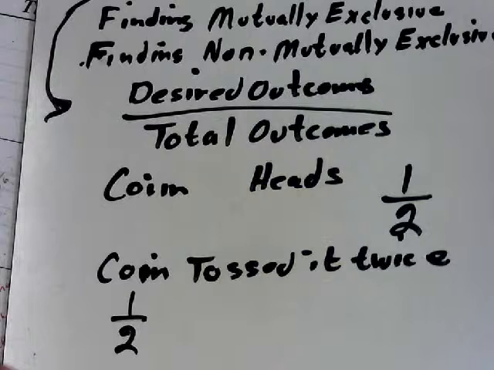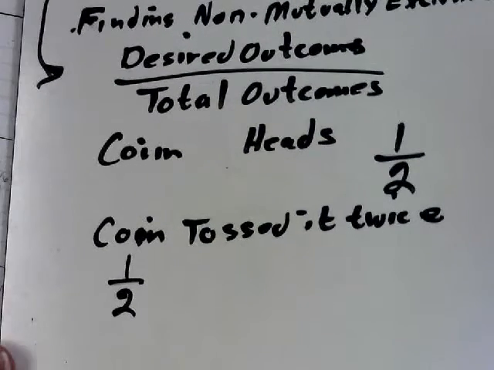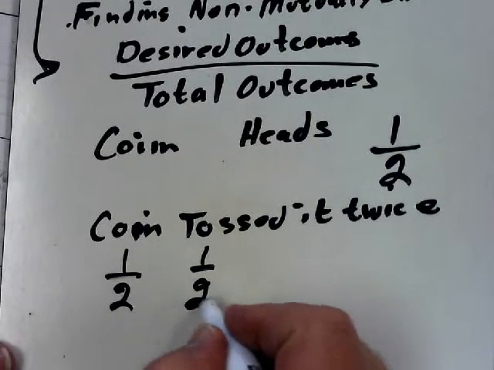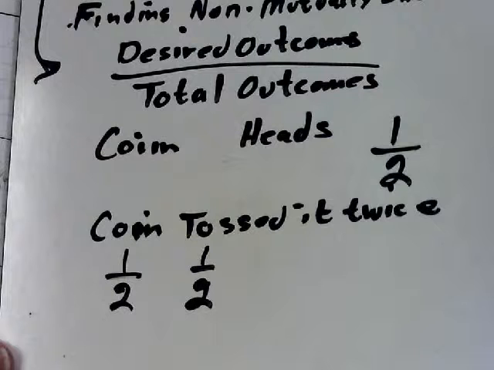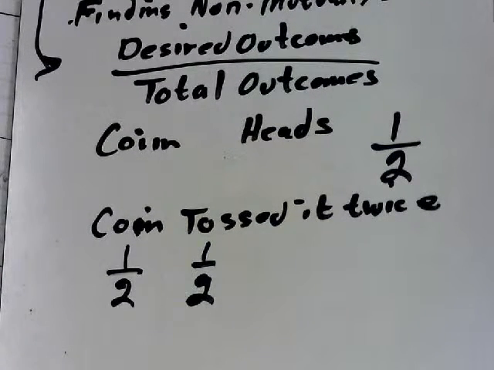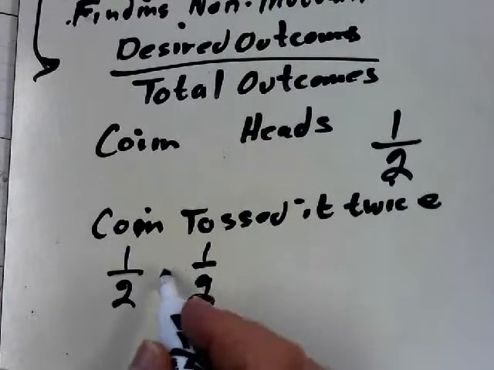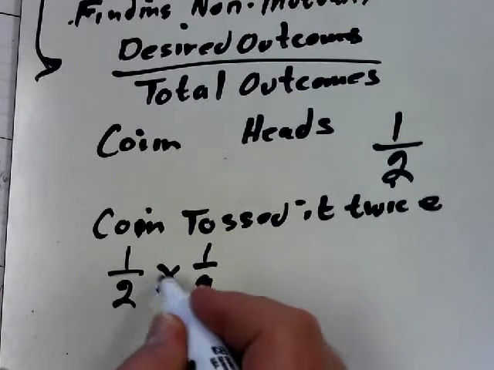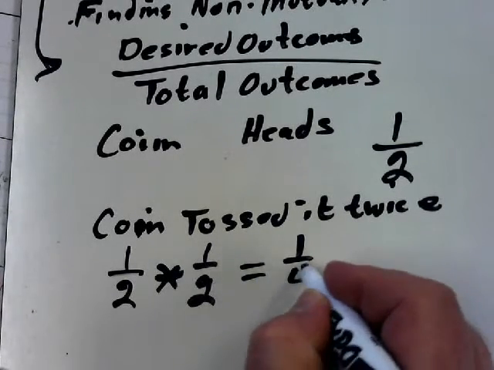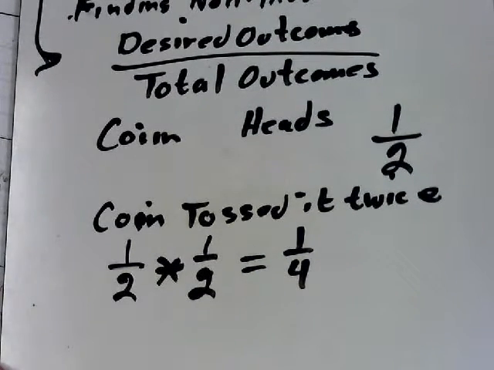What's the probability of tossing it again and getting a head? 1 out of 2, isn't it? How do I find its total probability? If it's two simple ones, I multiply them together and my total probability becomes 1 out of 4.